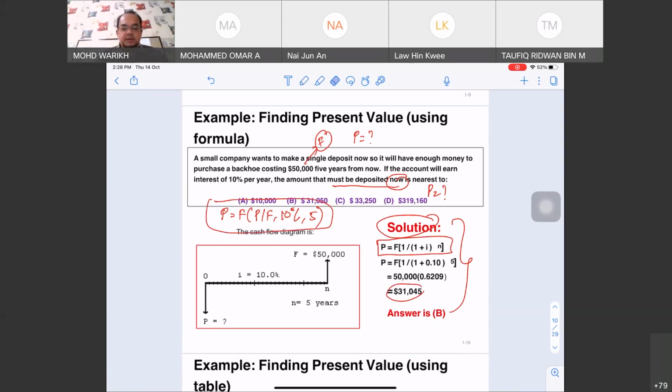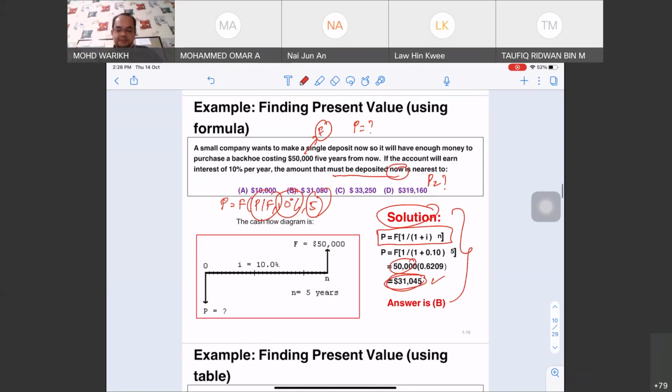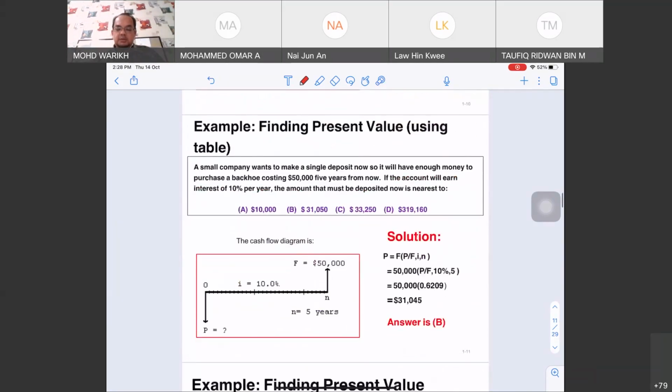Just refer to the 10%, F column and N 5. So you get the number, multiply by 50,000 ringgit, you will get this answer: 31,045 ringgit.